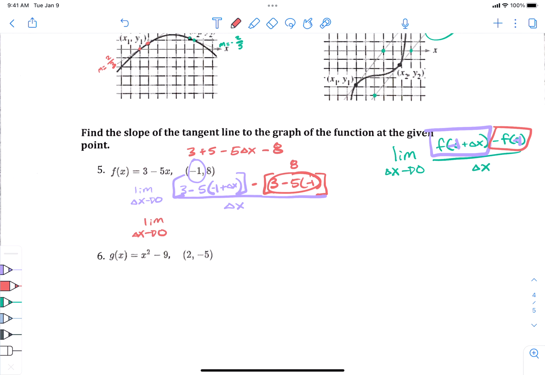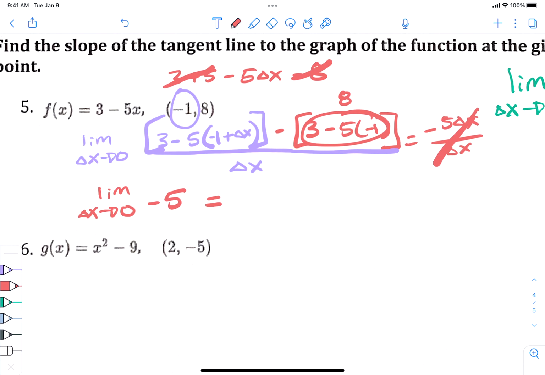So that's 3, 5, and 8; 3, 5, and 8 cancel out. So we've got -5 change x over change x, so it's just -5. What's the limit as change x goes to 0 of -5? Just -5. That's the slope of the tangent line. That's the derivative at that point. Good?